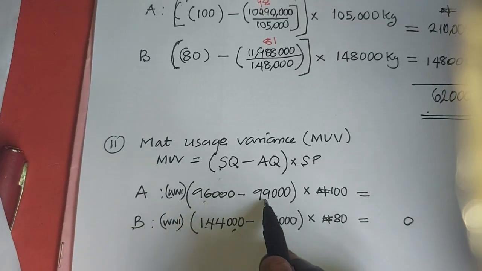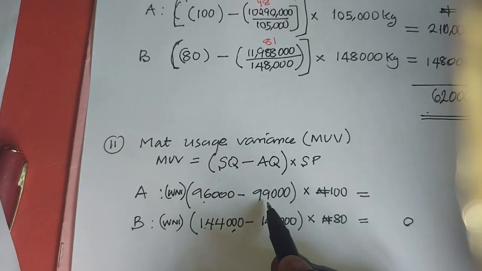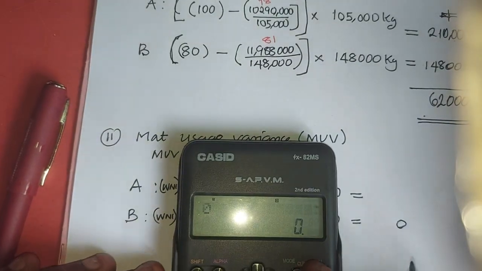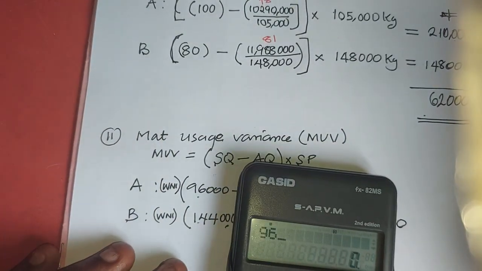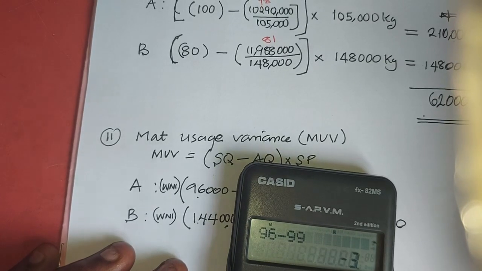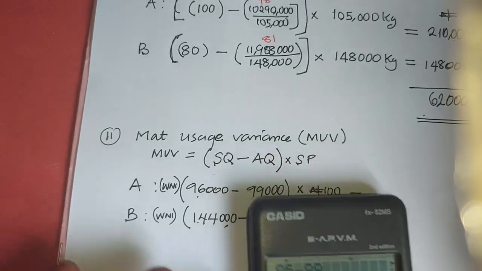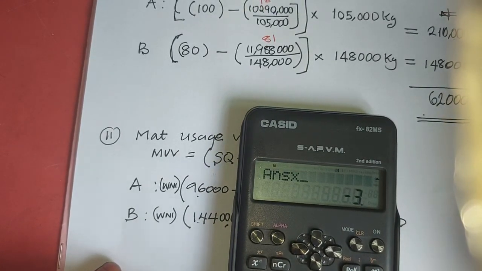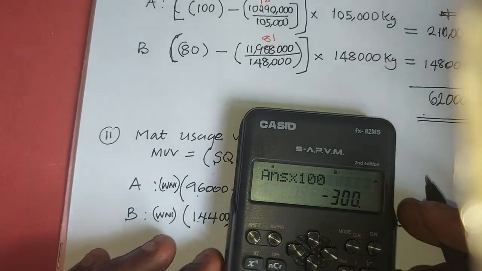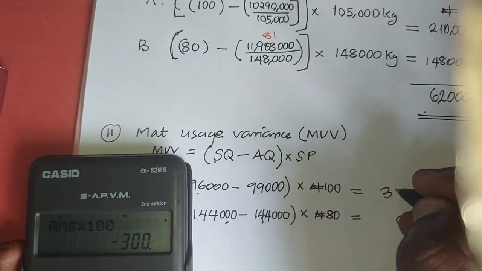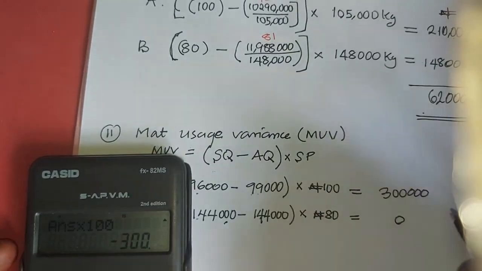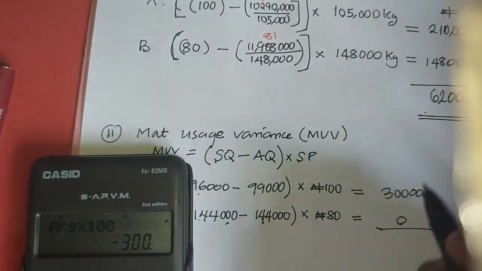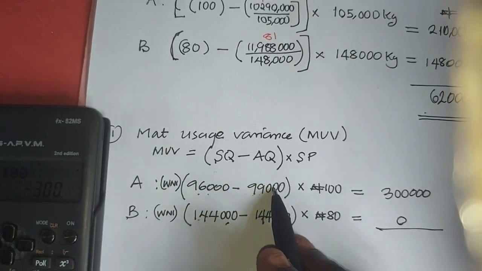So 96 minus 99, that is 3,000 times this. Let's take our calculator. So 96 minus 99, this is minus 3,000. Minus 3,000 times 100, that is minus 300,000. The answer is negative here because the standard is more than the actual.